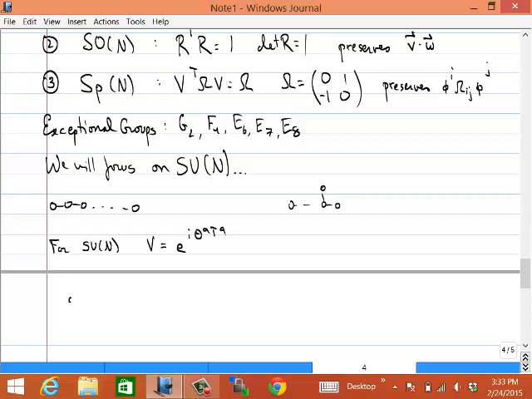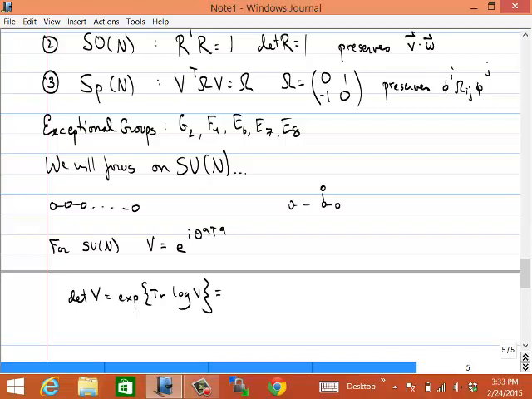And the statement that the determinant of V is equal to 1 can be translated into a statement for the T's. The easiest way to do that is just to remember that the determinant of a matrix is the exponential of the trace of the log of the matrix. That's a very nice formula if you haven't seen it before.